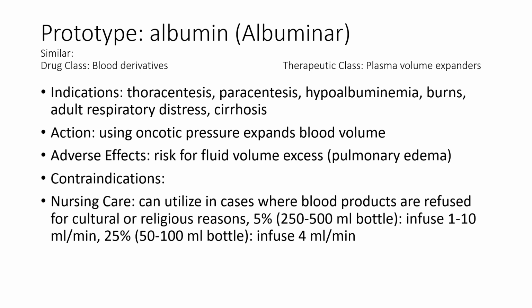Okay, what about albumin? Well, albumin is a large molecule and it's a blood product. And we use albumin when a patient's albumin level in the blood, so the serum albumin level, is too low. Why would someone's albumin be too low?